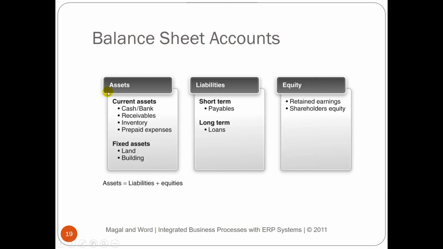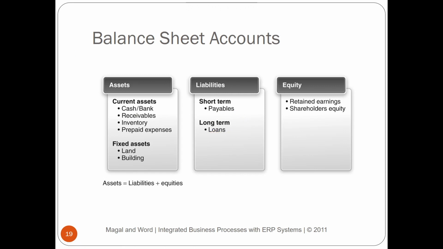Let's take a look at these in more detail. Assets are defined as what the company owns. Liabilities are defined as what the company owes to others, including the money owed to vendors, which we call payables, or the loans from financial institutions and banks.